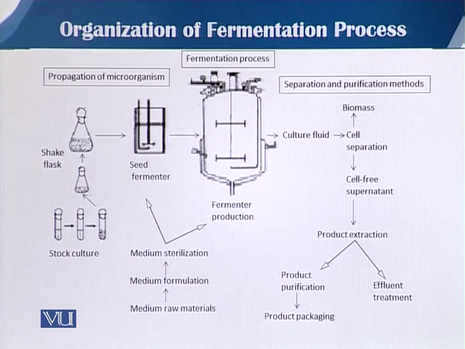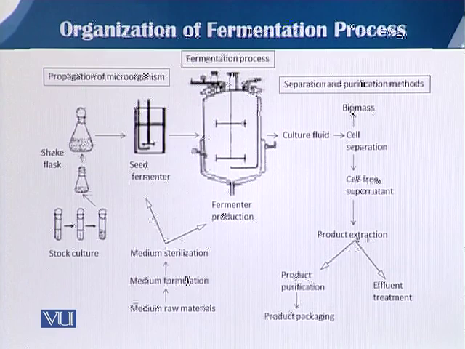So there is the major process of propagation of the microorganism, then the major fermentation or production process, and the third major is the separation and purification method. So this is the whole organization of a fermentation process, apart from the types of fermentation.